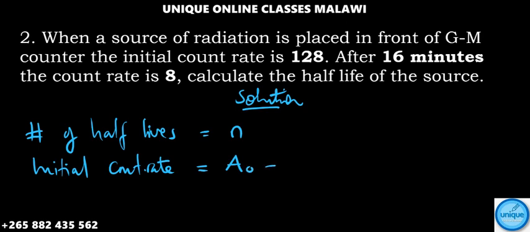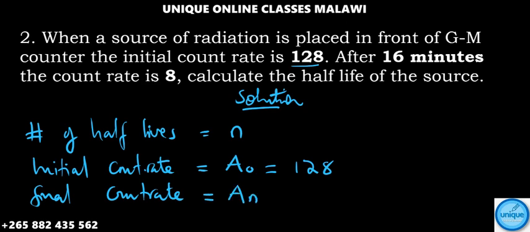The initial is 128, so we can put there 128, and the final count rate we can put here, the final count rate is equal to A n, where n depends on a particular number of half-lives.